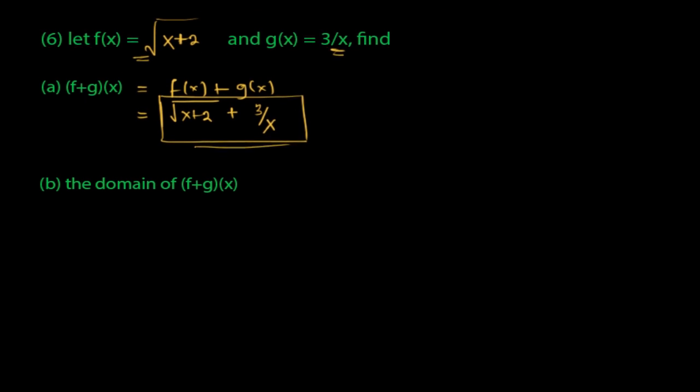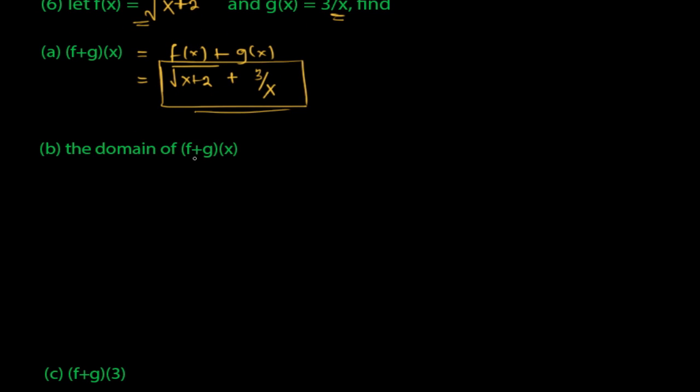Now the next question says, find the domain of f plus g of x. This is like the combination of two different things. You want to find the domain of f in conjunction with the domain of g. This is simply the intersection of the domain of f and the domain of g.